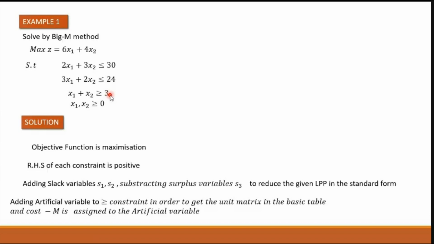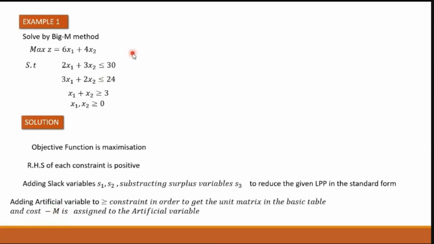So here the difference is that whenever you have an equality constraint or a greater than or equal to constraint, we have to add an artificial variable in order to get this unit matrix in the basic table. That is the only purpose. But we give the cost as minus M, where M is very large.